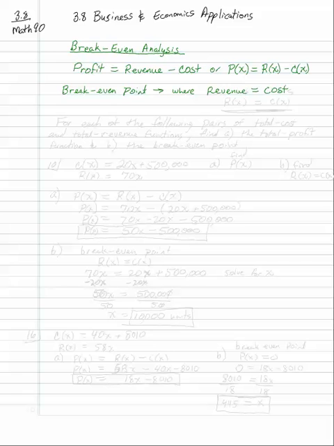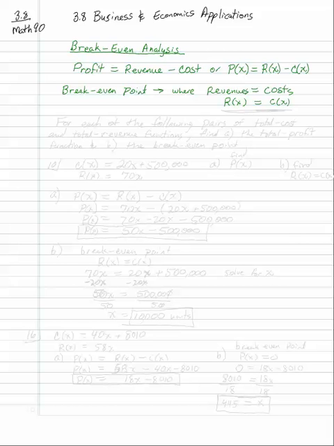Our break-even point is where revenue equals cost, so that's where R of X equals C of X. If we graph y equals R of X and y equals C of X, the break-even point is where those two graphs intersect each other. That's what we're looking for if we graph it.